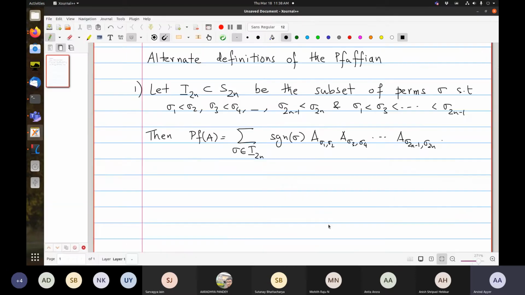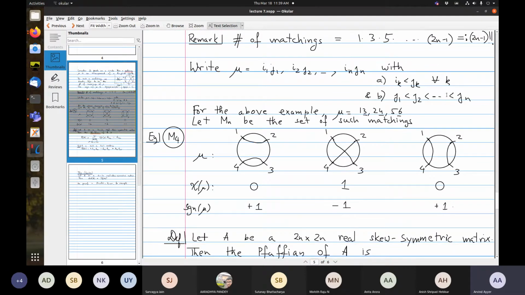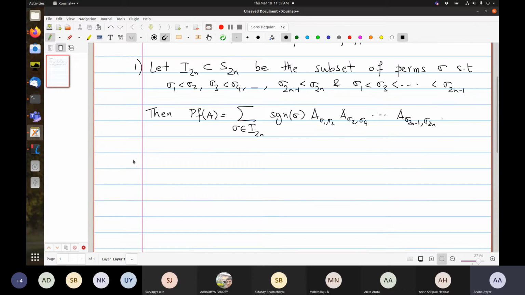And here I'm saying that instead of a sum over matchings, you have a sum over these permutations which satisfy such inequalities, which by the way should seem similar to the inequalities that we stated for an element of the matching. That we did just to fix a convention, and here also it's the same reason. Okay, this is one equivalent definition.